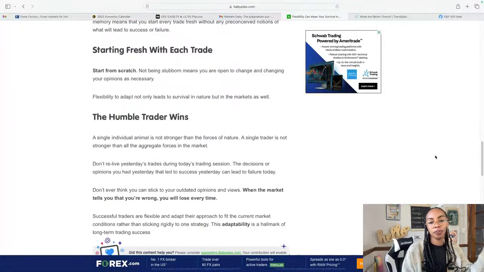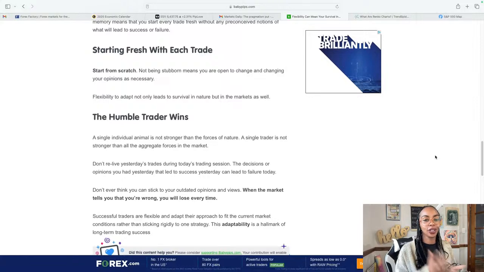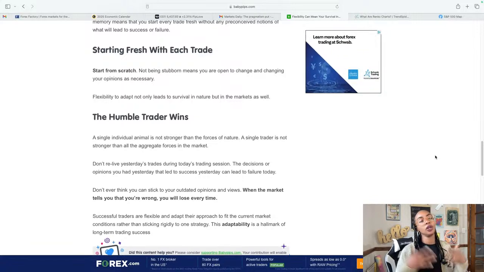And again, the humble trader wins. We aren't trying to be right. That's not our job. We're going to be wrong, but we want to be wrong really early and really quickly, and then get on the right side of the market. Unless we're wicked into a trade or wicked out of a trade and the market continues in our direction, being wrong helps us to be right.